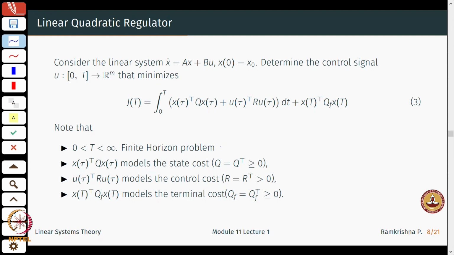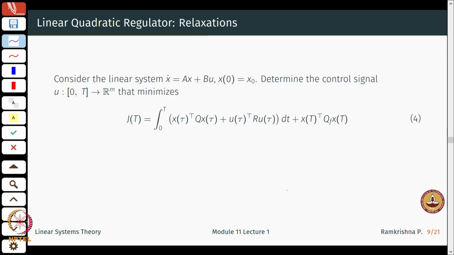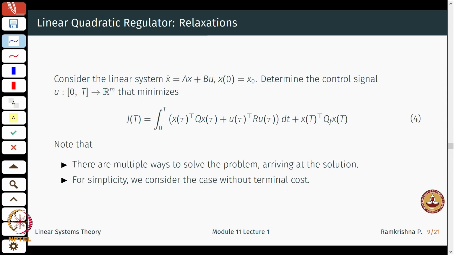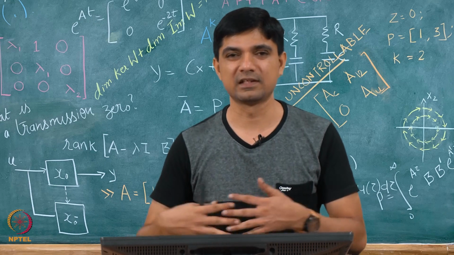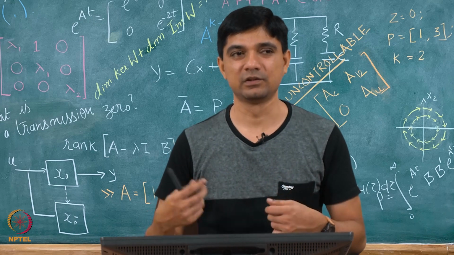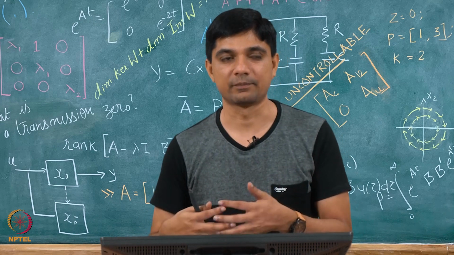First, I am looking at a 0 to T finite horizon problem, right, and then I have something which models the state cost, something which models the control cost, and something which models the terminal cost, right. And what we will see is that there are multiple ways to solve this problem. So, I will present 2 or 3 ways which you will regularly encounter in some textbooks.